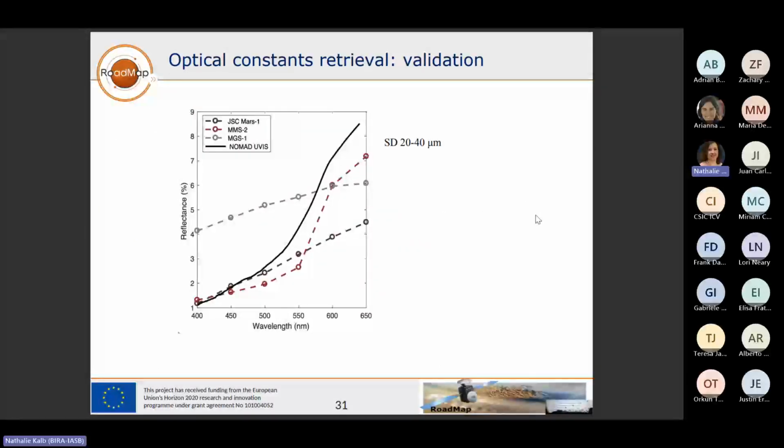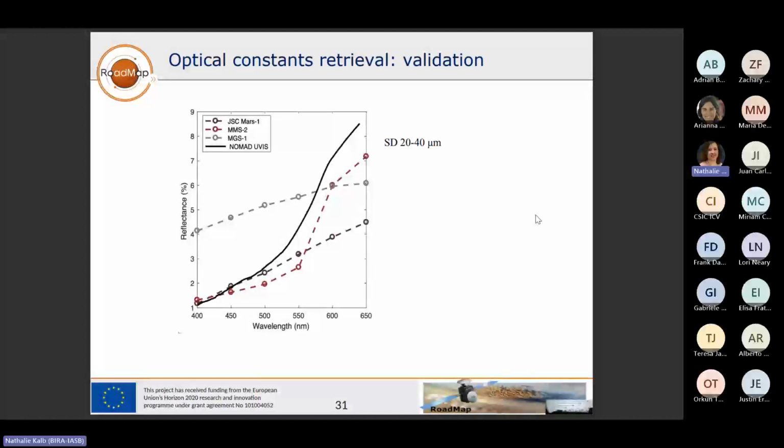Okay, so here are the first results. Again, the colors are a bit bad, but you can see from the other screens. The blue curve is now the actual observed regolith spectrum on Mars. And the others are the different samples. The gray one is the MGS1 sample, the red one is the MMS2, and the brown one is the JSC Mars1.